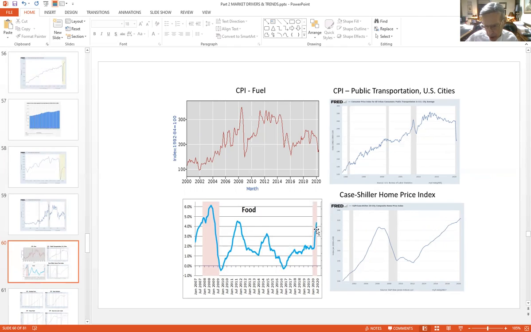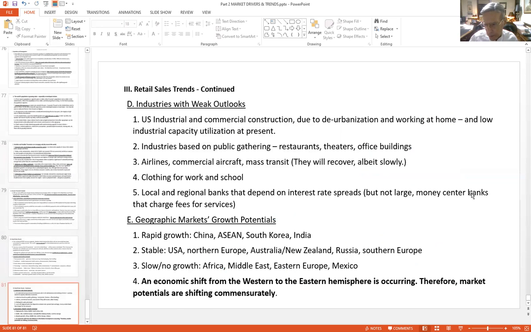Food prices, on the other hand, since grocery stores are so busy, food prices are up. That's a simple supply and demand thing. And the prices for homes have increased quite steadily and did not drop during the pandemic because, among other things, there was a trend in some cities to move out of the city.